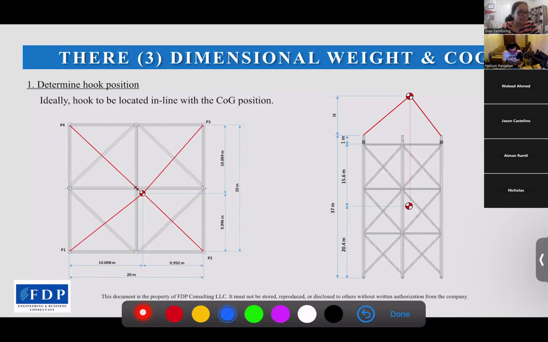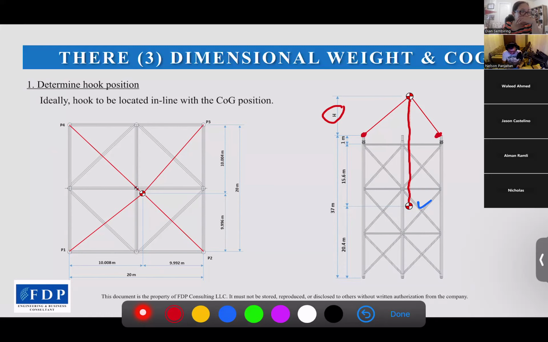So we have the COG location here, then we can put the hook exactly at the COG position, in line with it. We say the rigging height or hook location is at a certain height from the lifting point. Let's say the lifting point is here.